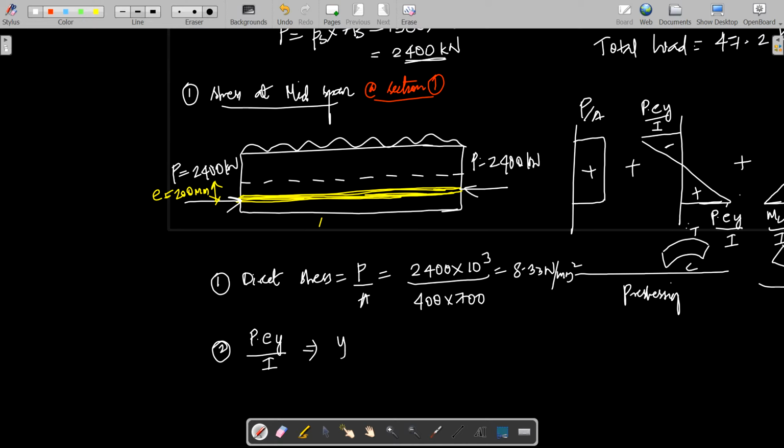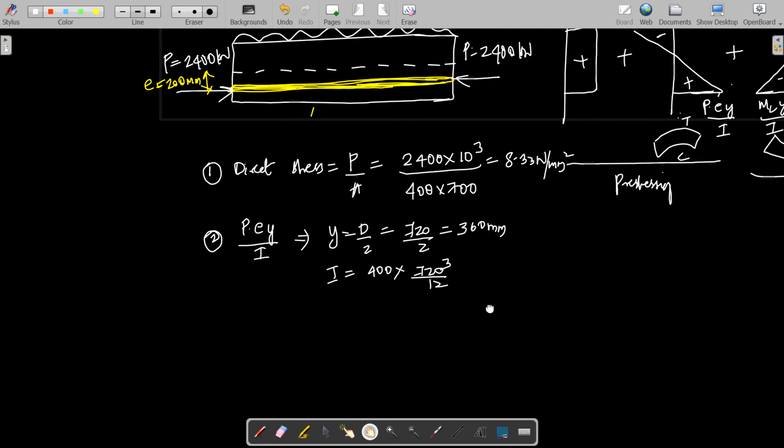You can take it as capital D divided by 2, that is 720 divided by 2, that is 360 mm, and I is the moment of inertia, that is B d cube by 12, that is 400 into 720 cube divided by 12.